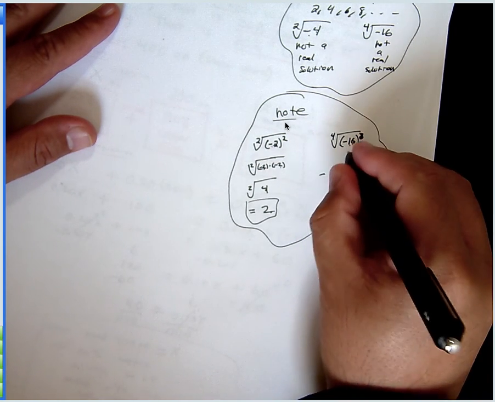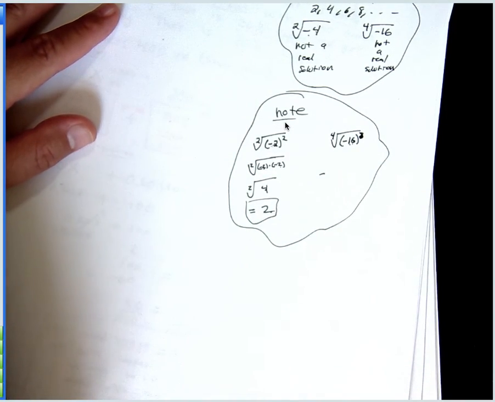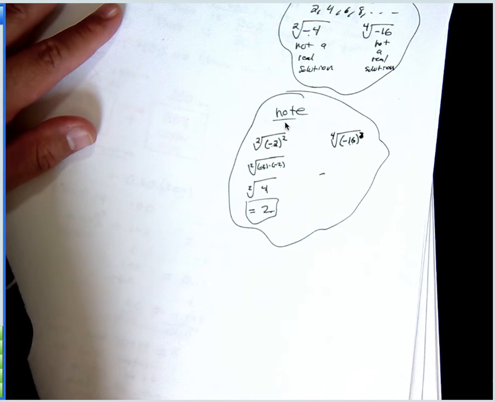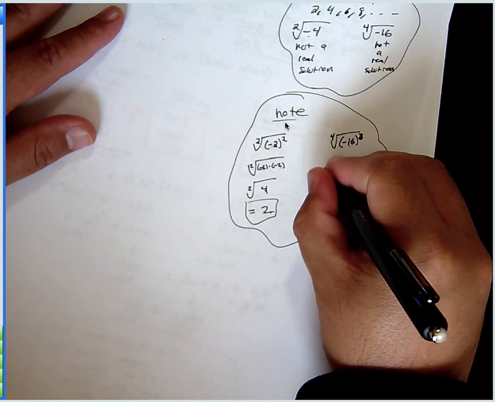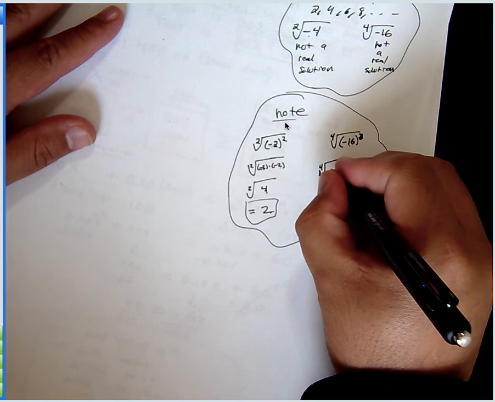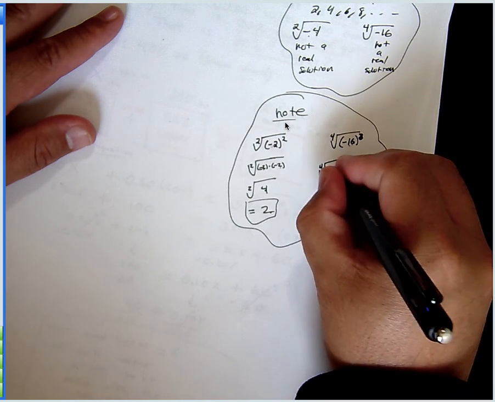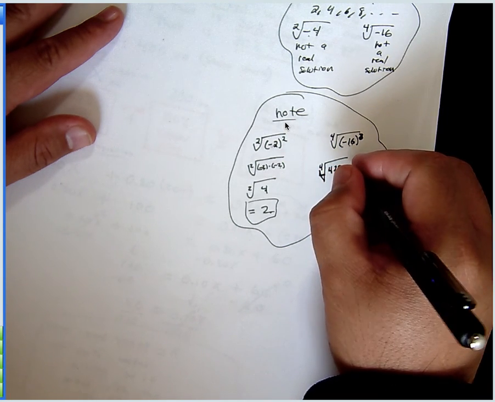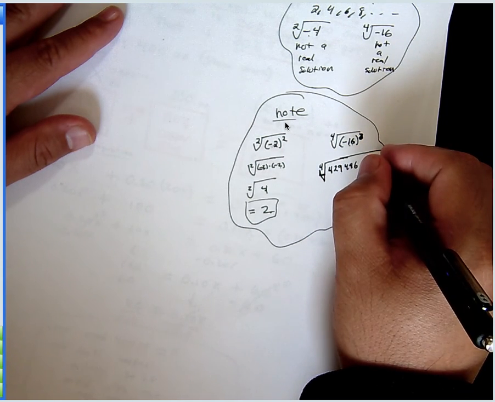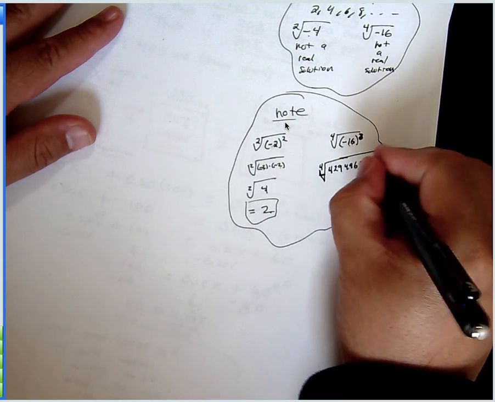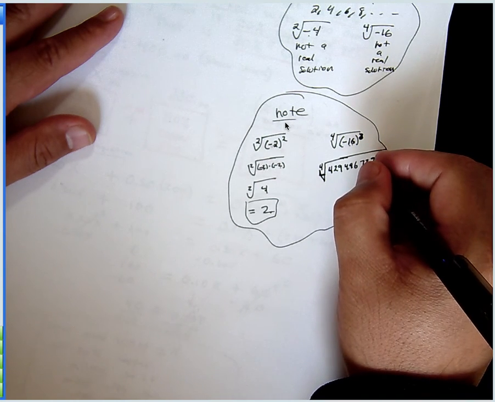So it's going to give you a huge number. So negative 16 raised to the 8th gives you a huge positive number: 4,294,967,296.